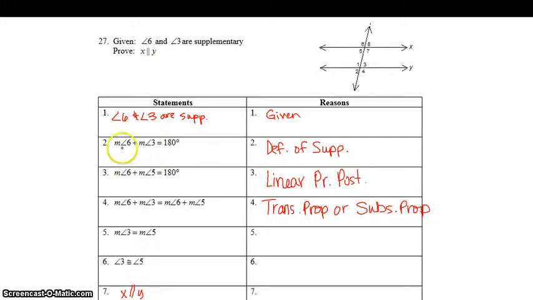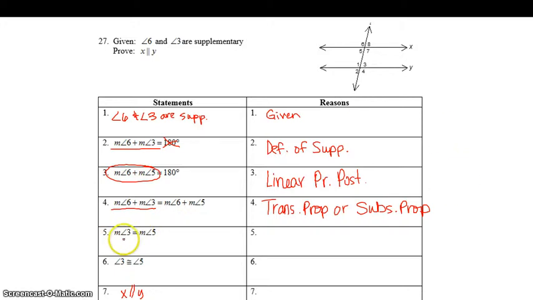If you're doing substitution, it's because the left sides of these equations are the same, but they took out the 180 on the right side and put in this stuff because that stuff also equals 180. Or transitive, where these 2 things have 180 in common, so you cross out 180 and write those things equal to each other. Either one.